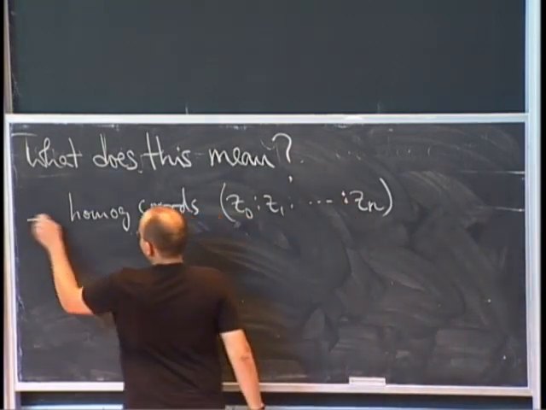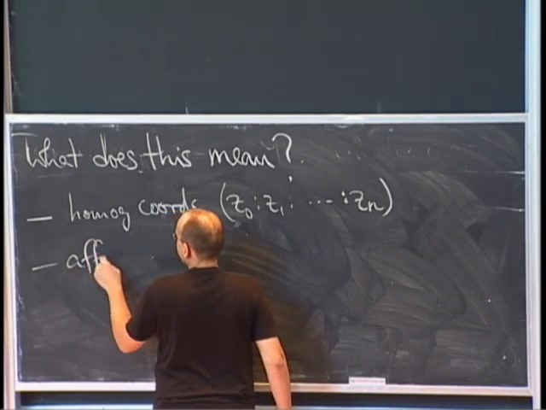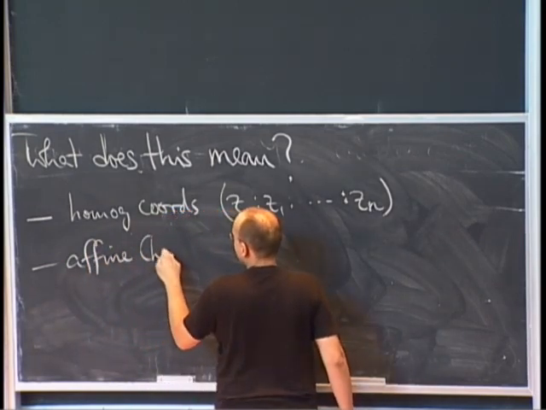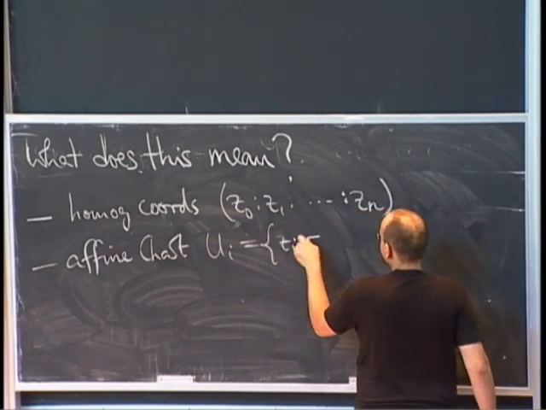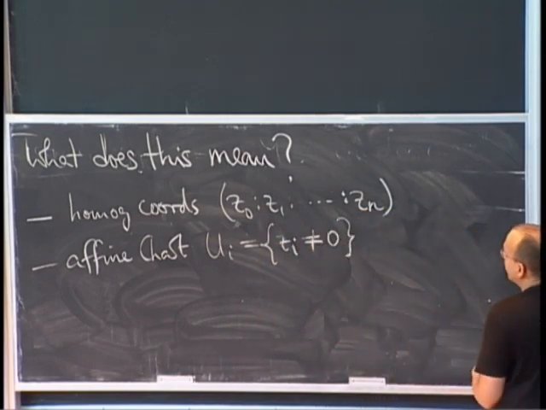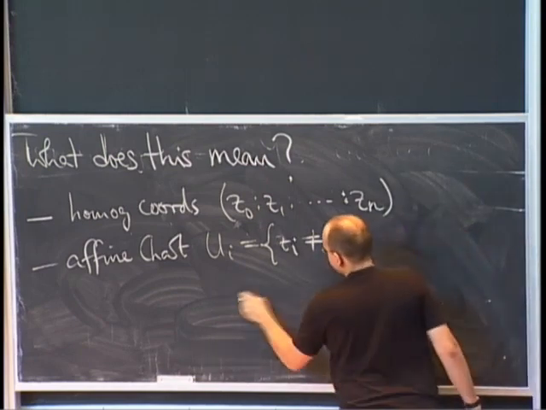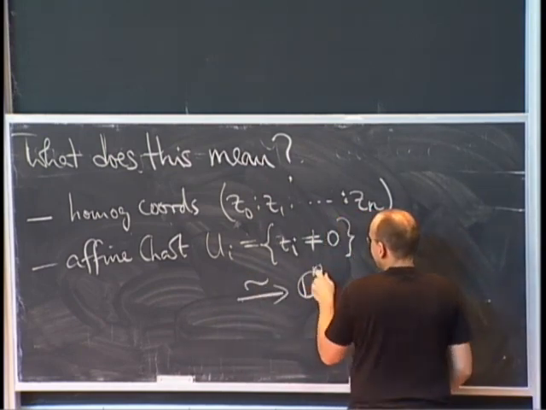And then my affine chart, Ui, that's the locus where coordinate Ci is not 0. That's actually isomorphic to Cn.